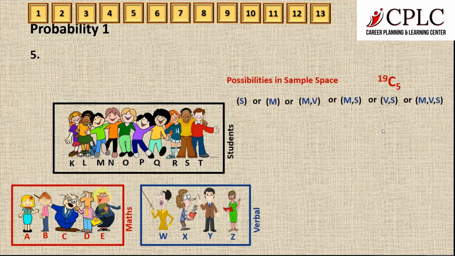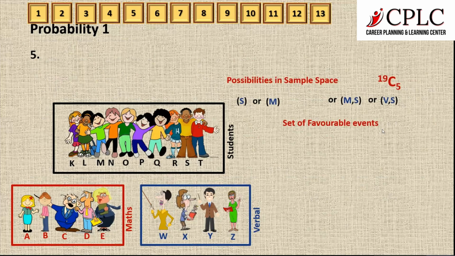Now there are possibilities over here. In this, there will be students only, math only, math verbal, math students, verbal students, math verbal students. But out of these possibilities, some of them will get eliminated as math and verbal cannot be together. So math verbal and math verbal student, this possibility will be eliminated.